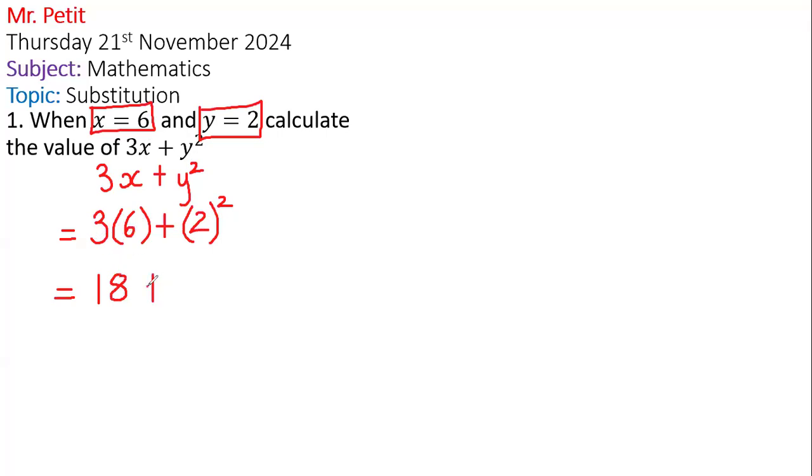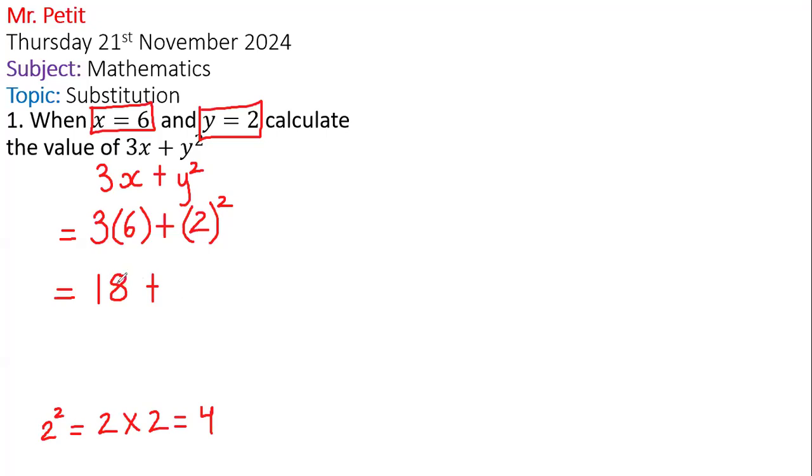Plus, now 2 squared. What is 2 squared? 2 times 2. Very good. 2 squared is equal to 2 times 2, and 2 times 2 is 4, right?